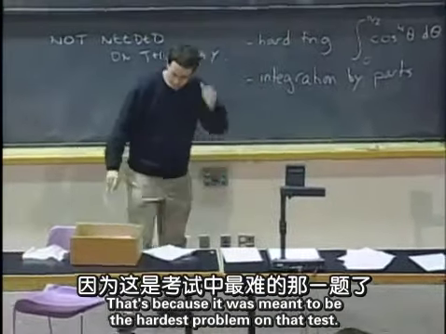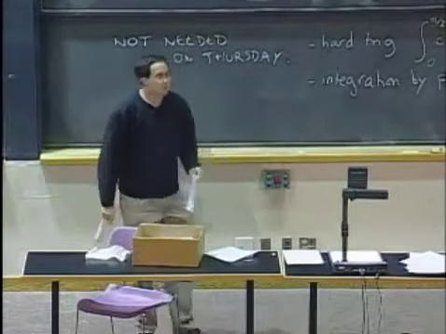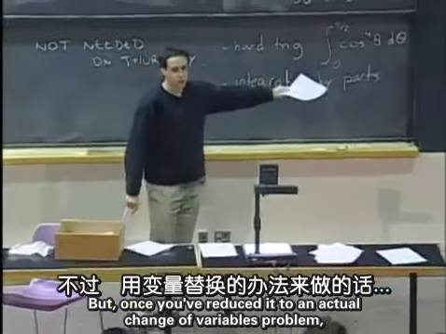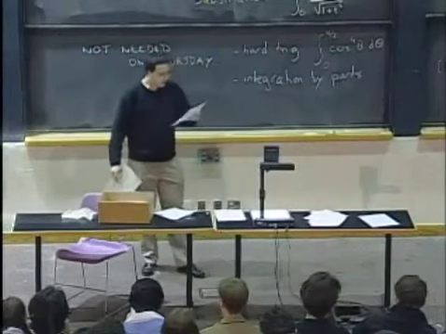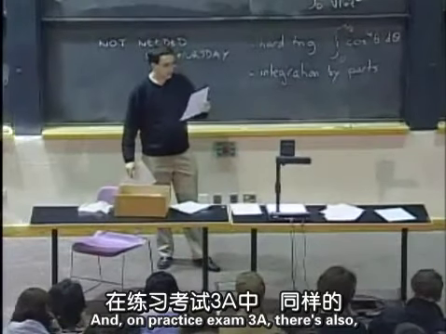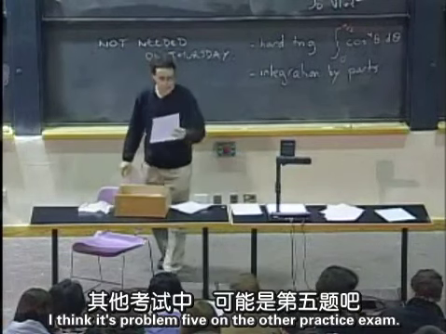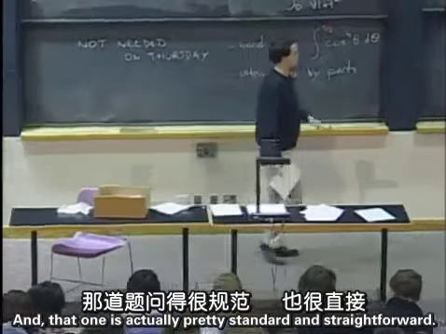That's because it was meant to be the hardest problem on that test. But once you've reduced it to an actual change of variables problem, I expect you to be able to know how to do it. And on practice exam 3A, there's also, I think it's problem 5 on the other practice exam, and that one is actually pretty standard and straightforward.